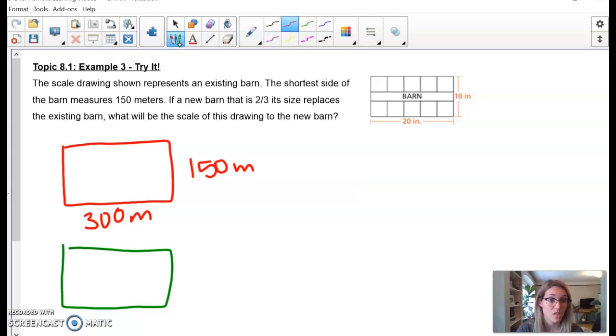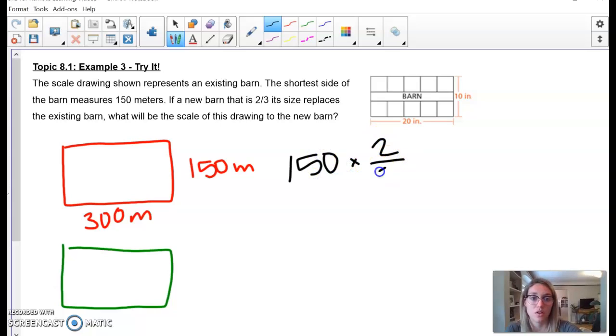So when I come up with these new measurements, I should find something that's smaller than what I have existing. And when it says 2/3 of its size, we know that of means multiplication. So I'm going to take these lengths, 150 times 2/3. And that's going to equal the width of the new barn.